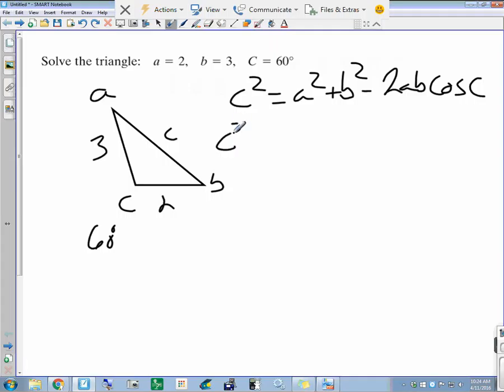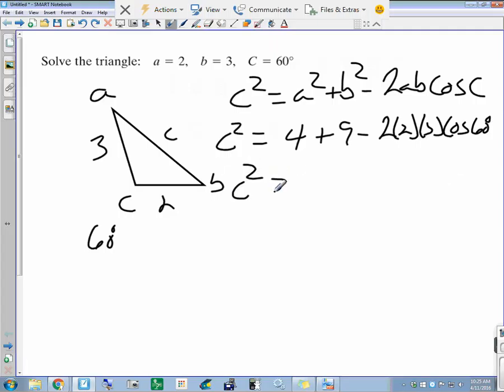So C squared is going to be equal to A squared, which is what? Well, that's 2, so it's going to be 4, plus B squared, and B is 3, so that's going to be 9, minus what? Well, 2 times 3 cosine 60 degrees.